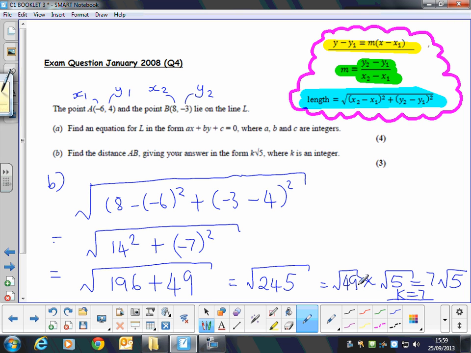Another method that I could use, instead of using this formula, is to do a sketch. If I plot my points on, I've got minus 6, 4, which will be about here, and then I've got 8, minus 3, which will be about there.